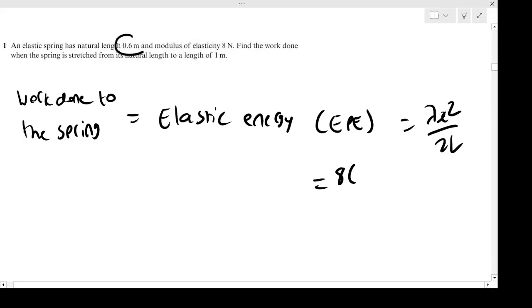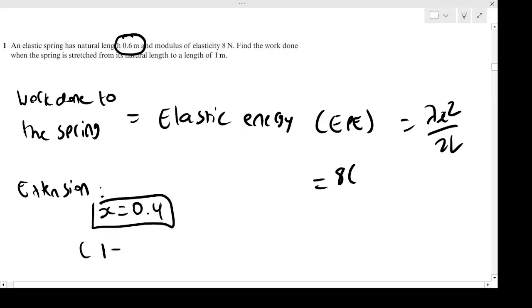Well, we're told the natural original length is 0.6, and then it goes to a length of 1, which means the extension is going to have to be 0.4. Again, that's because 1 take away 0.6 is 0.4. So that's the extension. That's how much the length has gone up by. So then my extension is 0.4.